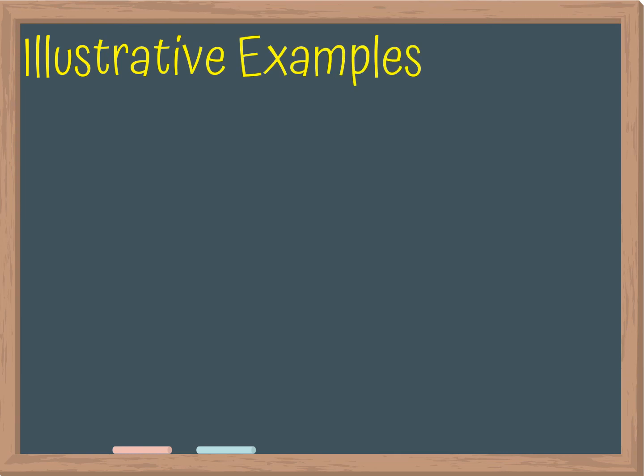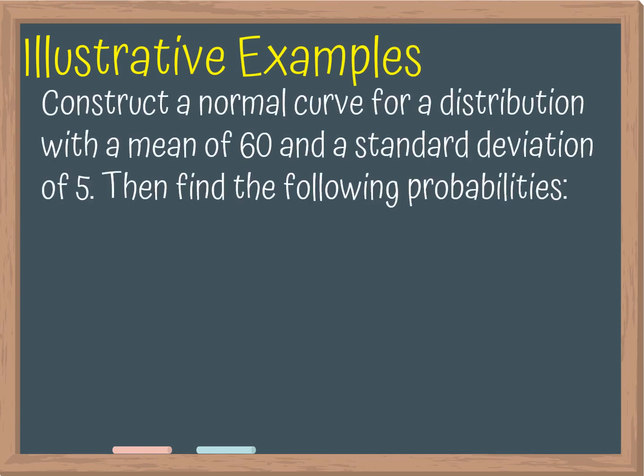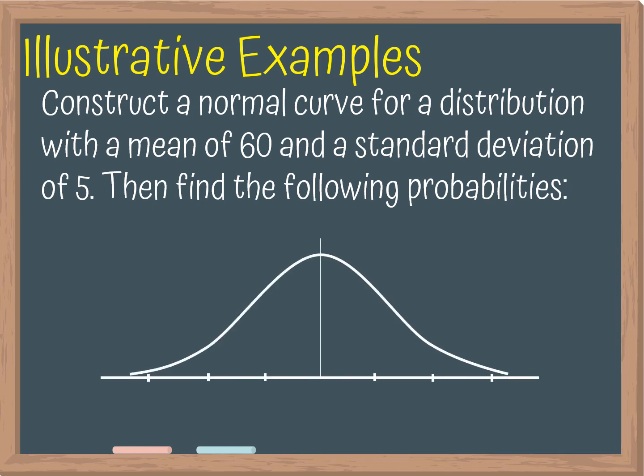Okay, so let's start with drawing the bell curve and putting all the markings. Since the mean is at the center and the value of our mean in the given example is 60, we are going to write 60 in the middle.